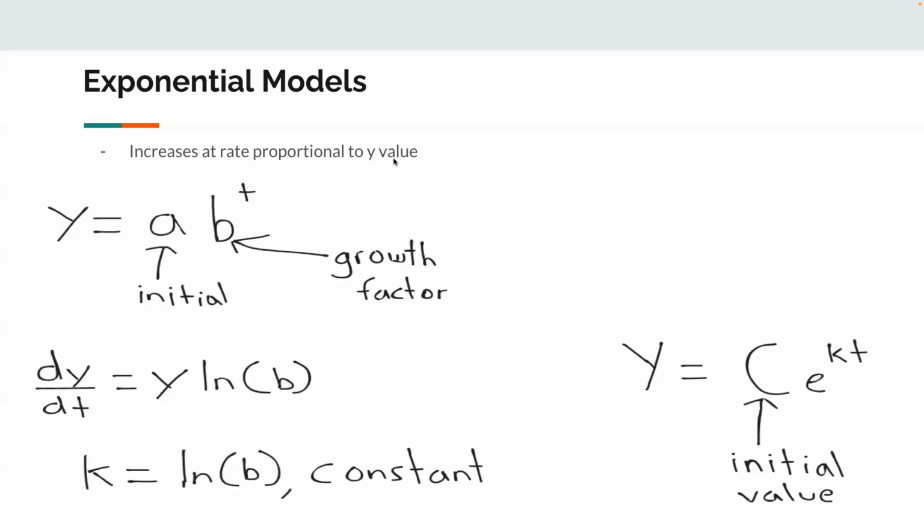And then a b to the t is just y. And then ln of b is just a constant. Because the growth factor is a constant, it will not be changing. That's why we can just say k is equal to ln of b, and we can rewrite the derivative of an exponential model as k y, a constant times the y. So it's directly proportional to the y value.